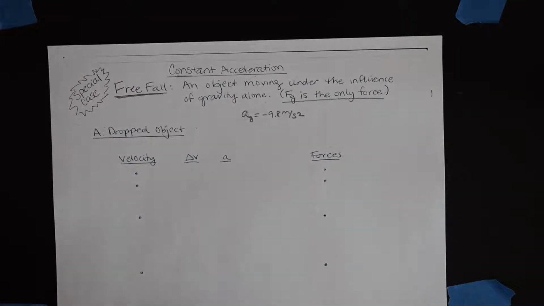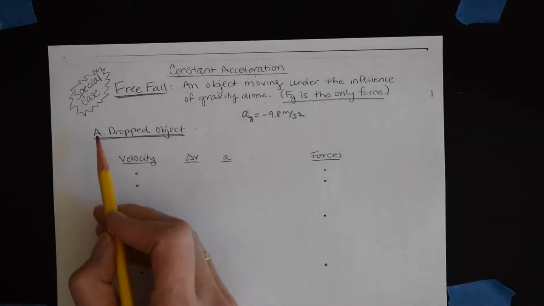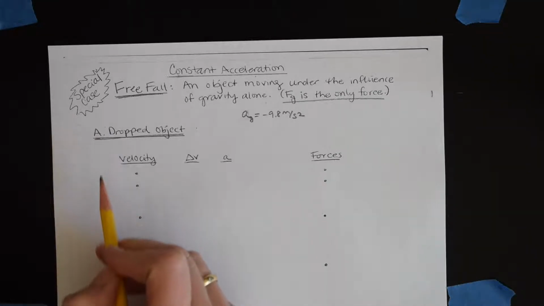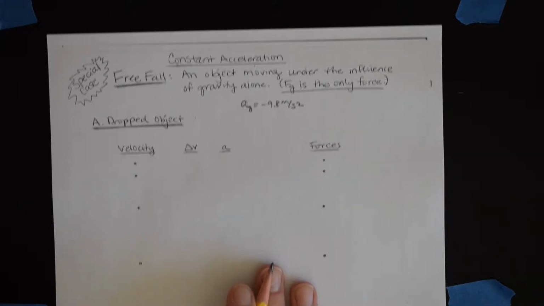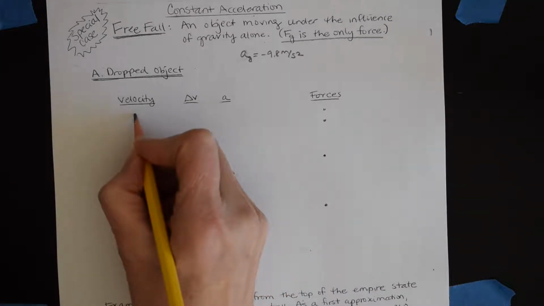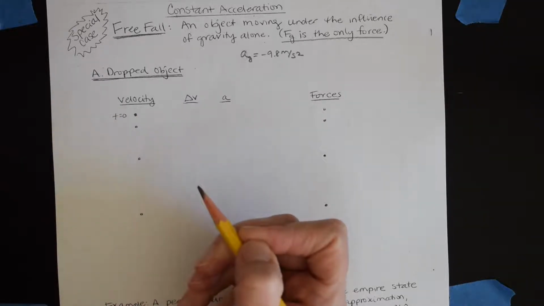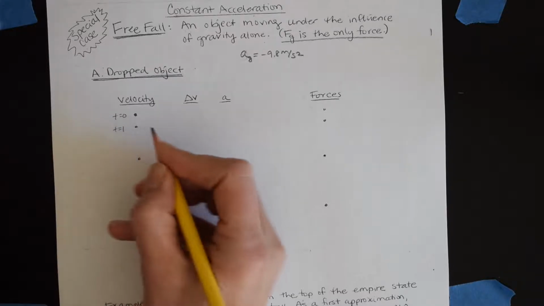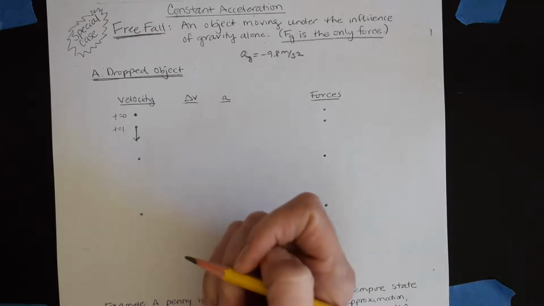So we started out looking at a dropped object, and then in the homework you will do part B, which is for an object that's tossed up and then comes back down. So for a dropped object, let's first make a motion map. So at time 0, it's at rest, so we don't have an arrow. Then at time 1, it has some velocity.